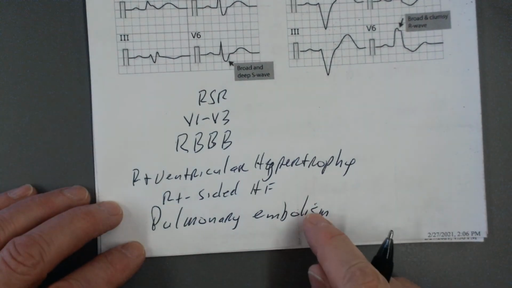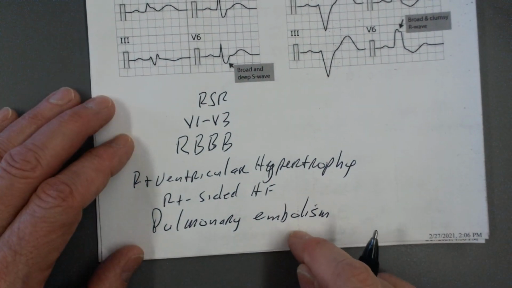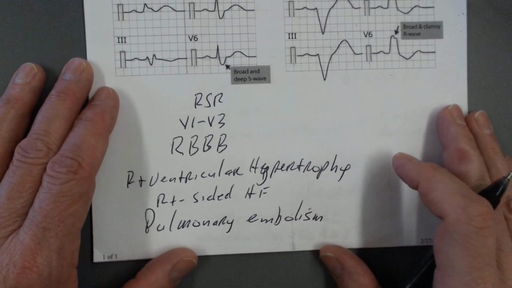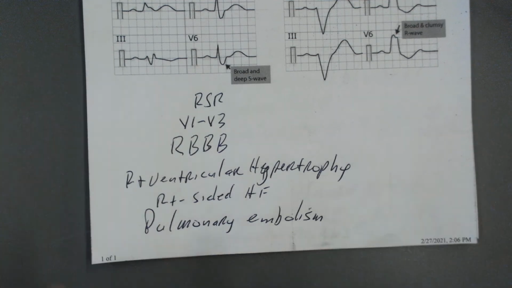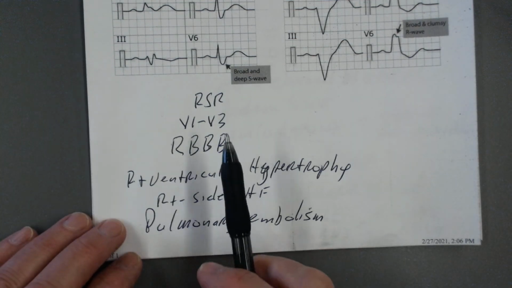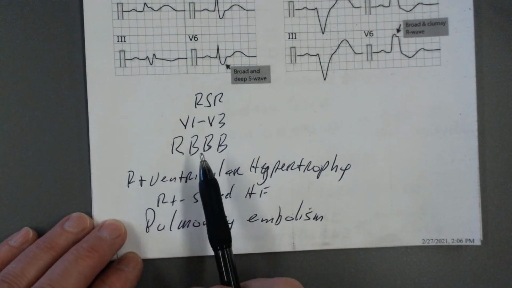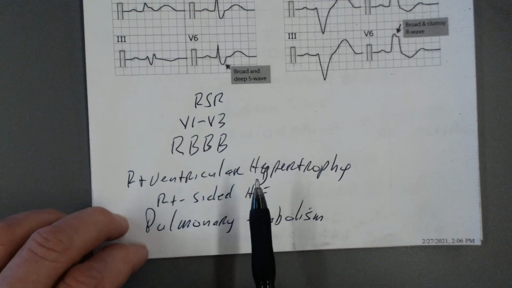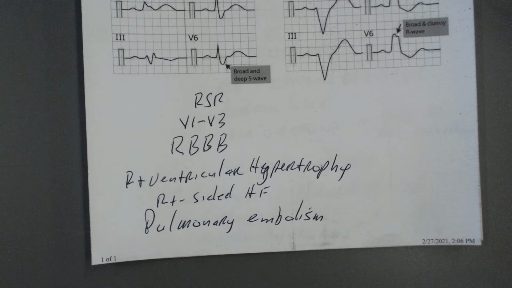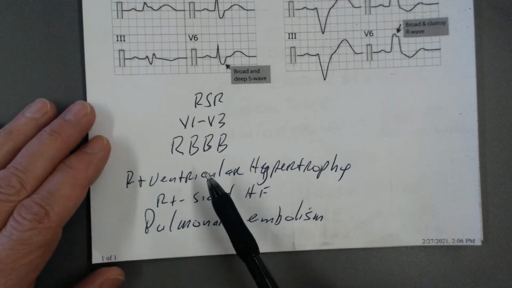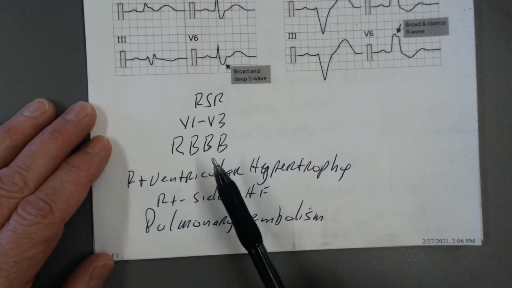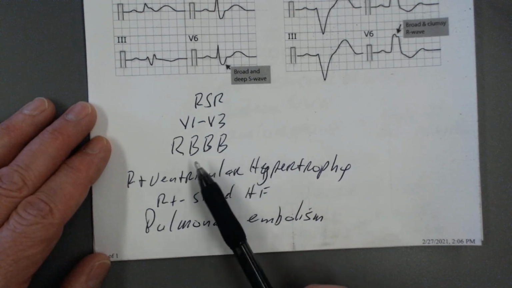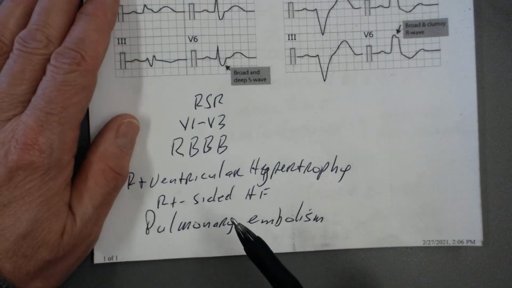And as a study in your vocabulary, I'm going to have you look up the term embolism. For unknown reasons, you can get a right bundle branch block in normal hearts, and that seems to be due to the deposition of fibrous tissue that interrupts the conduction pathway, so that will tend to occur in older people who may not have had heart attacks. So that's something to keep in mind as well.